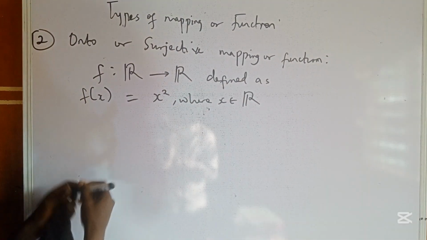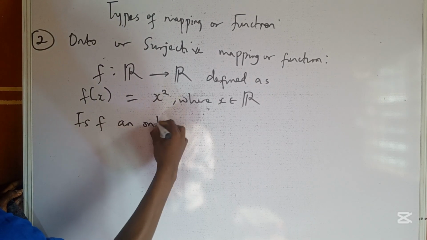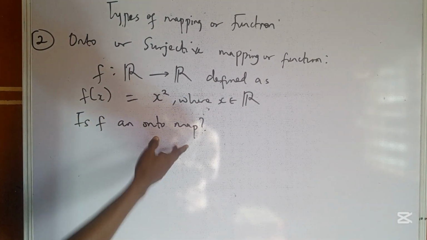So the question is, is f an onto map? Can we say this is an onto map?